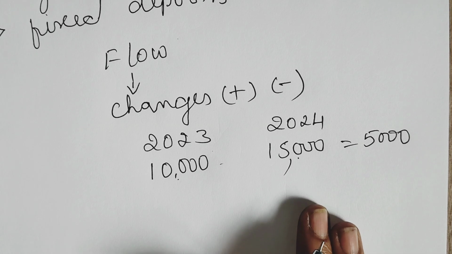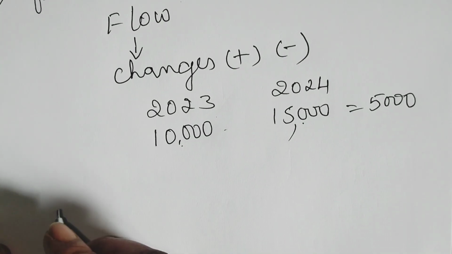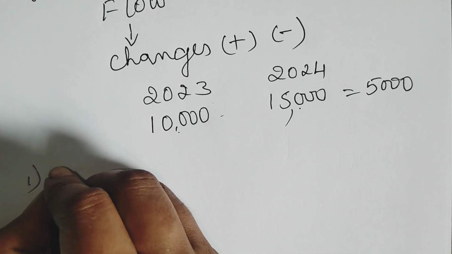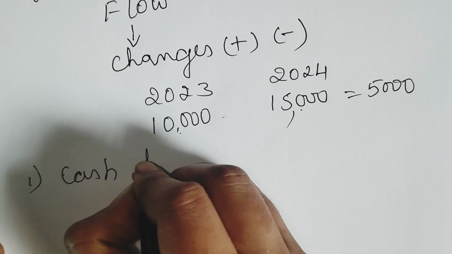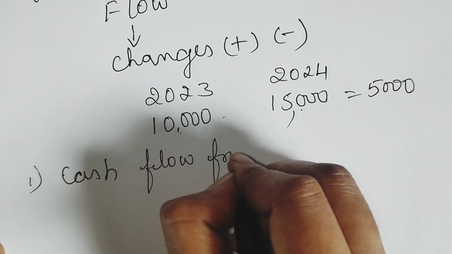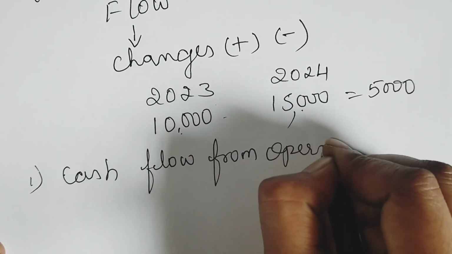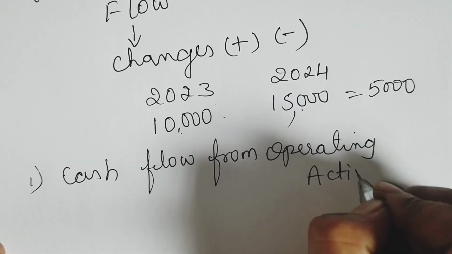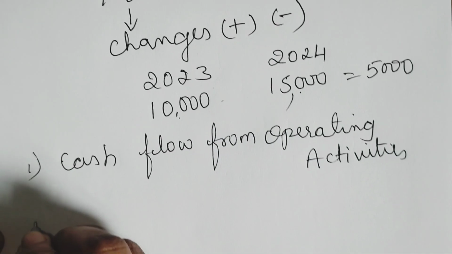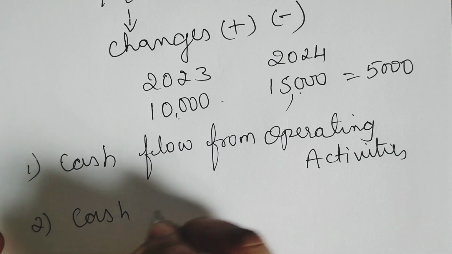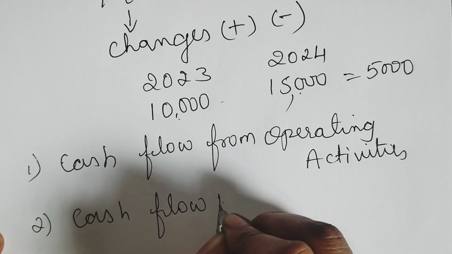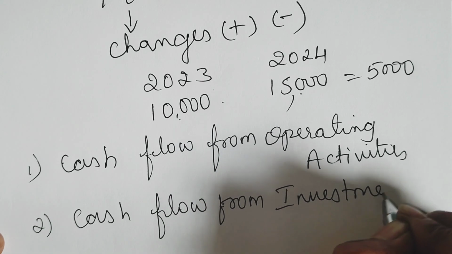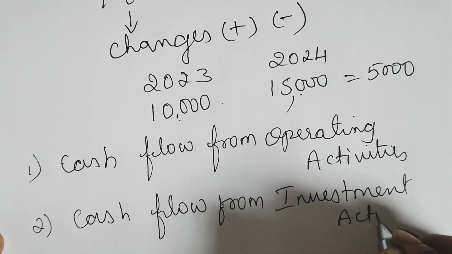Statement means it is a document. And this cash flow statement is classified into three heads. The first one is cash flow from operating activities. Then cash flow from investment activities.